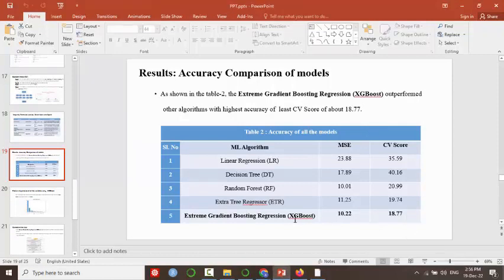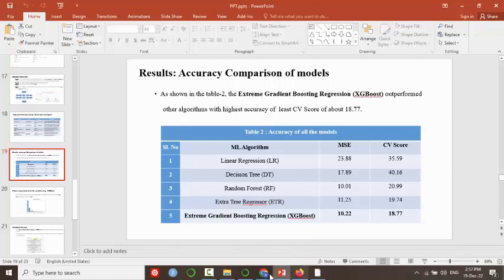Since extreme gradient boosting regression outperformed all the machine learning algorithms, I used this algorithm to develop as well as deploy the app, because it gave me the best results. I could even build the app using linear regression or the decision tree, but as far as accuracy is concerned, the XGBoost Regressor gave me the best accuracy, thereby I have used this model, madam.